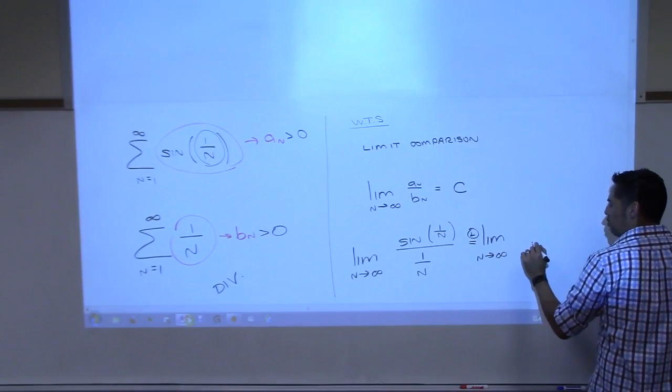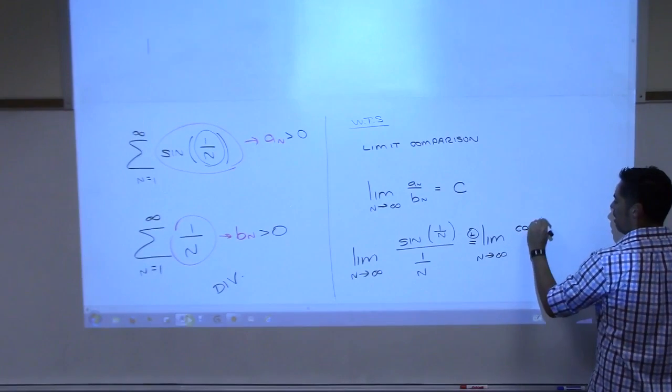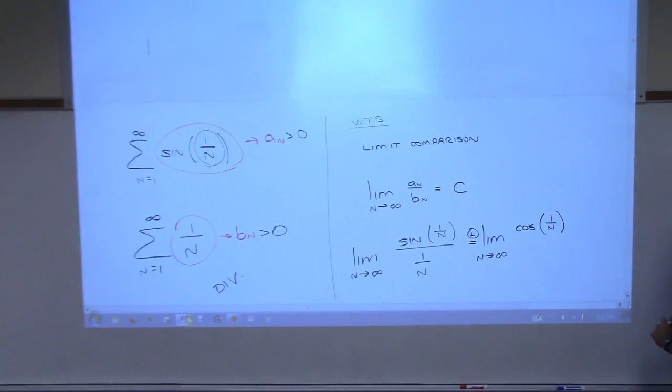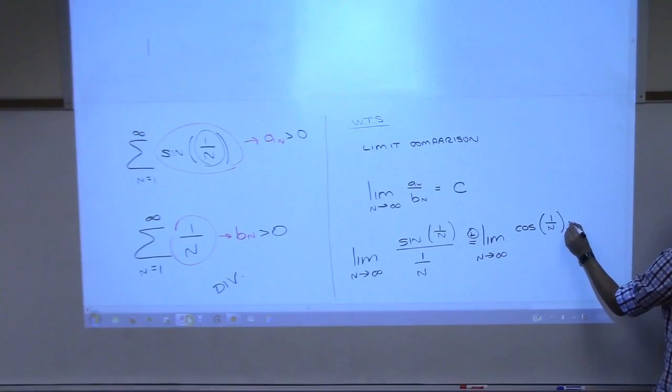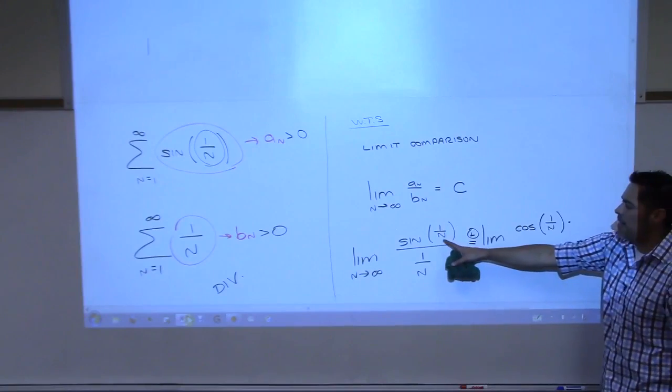So what is the derivative of the top? Cosine of 1 over n, chain rule. Oh, that's antiderivative, careful. This is the same as n to the negative 1, right?